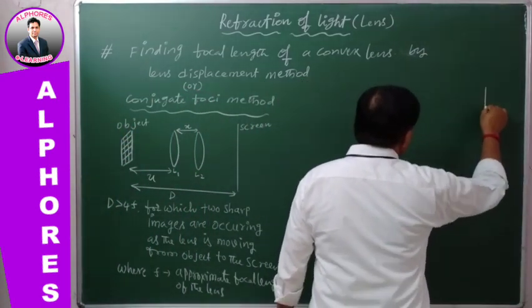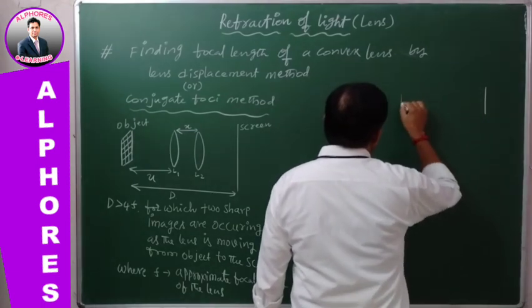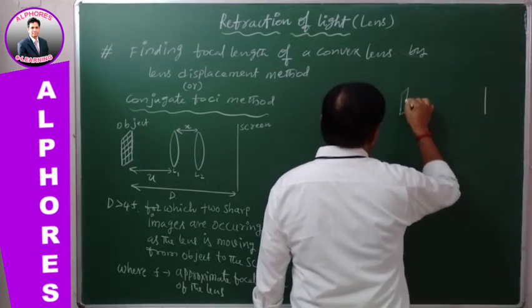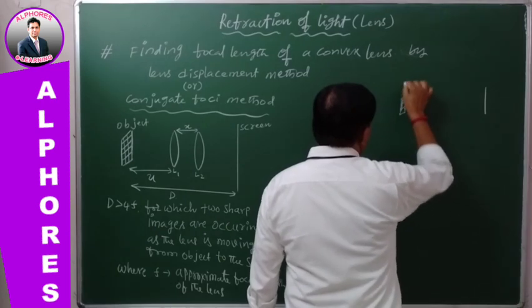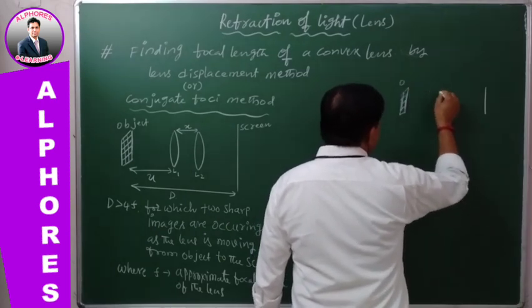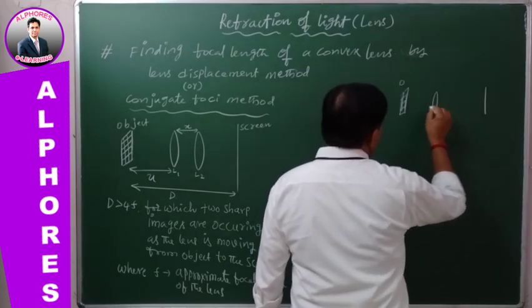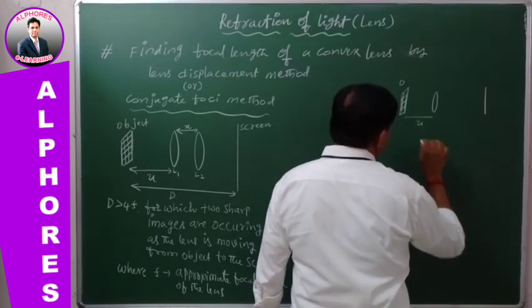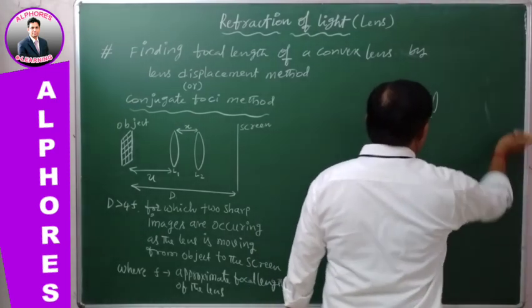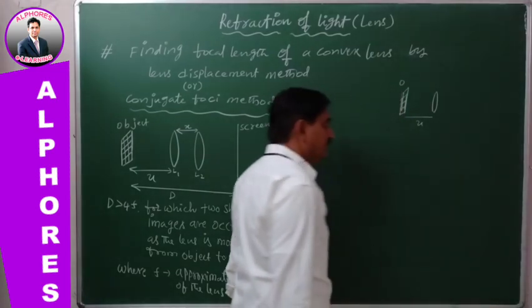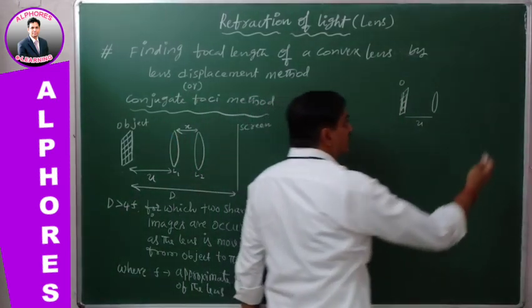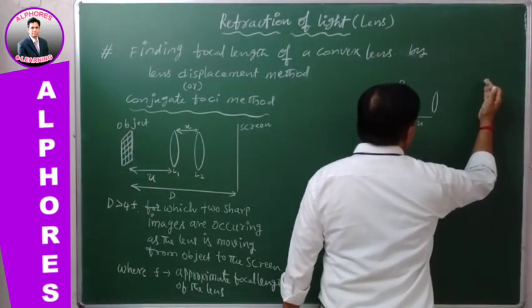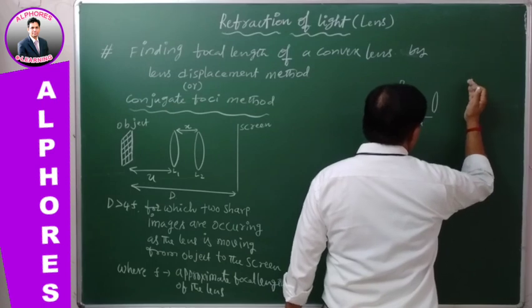So this is the screen and this is the object. A lens is kept at a certain distance, say u distance, at a particular position. Now the screen is adjusted to get the sharp image.